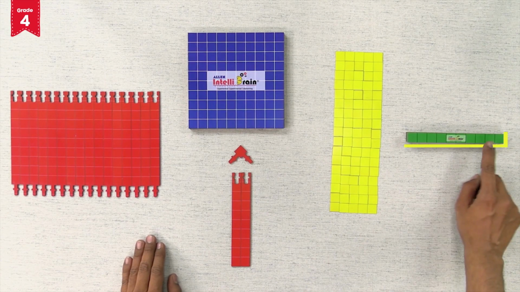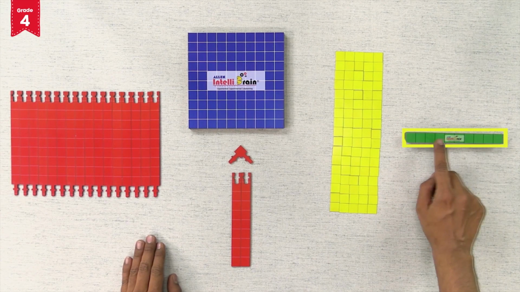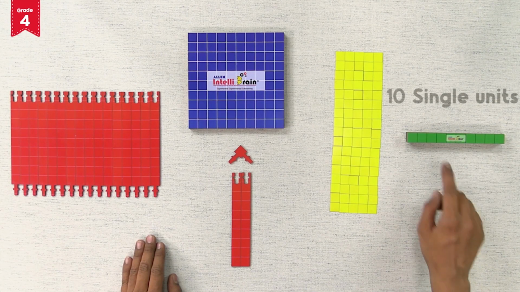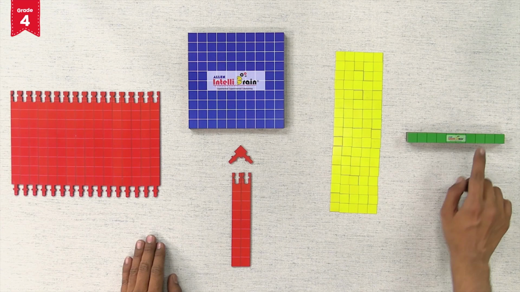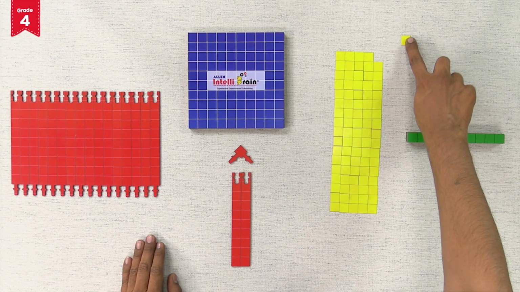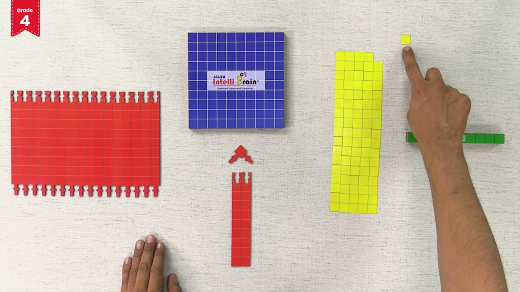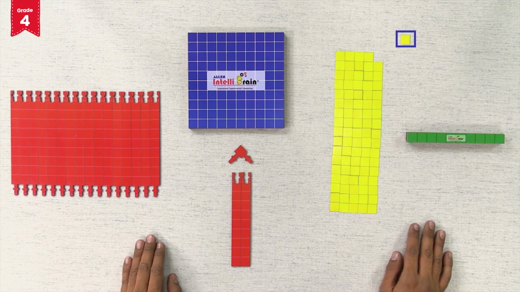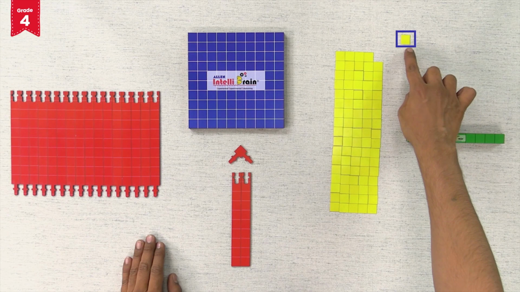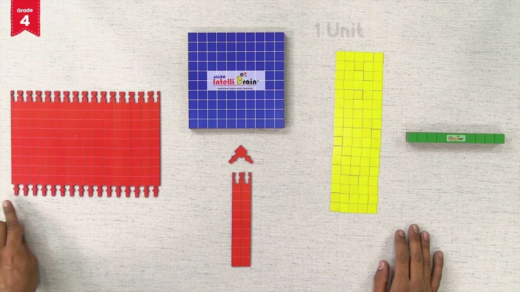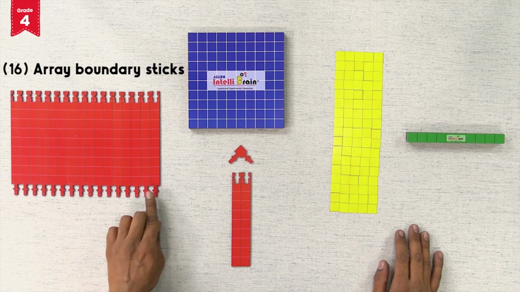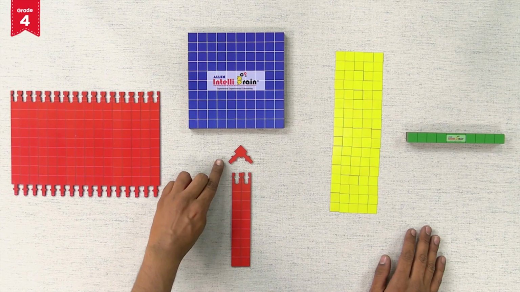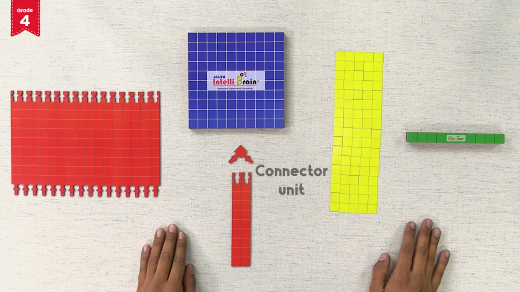The green rectangular number cards are referred to as the tens cards, and they have 10 single units in each one of them. And the small yellow square-shaped number cards are referred to as ones cards, and each one of them is equal to a single unit. We have 16 array boundary sticks and 2 boundary end sticks with 1 connector unit.